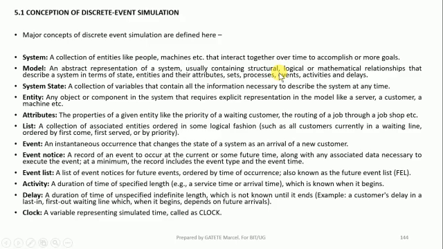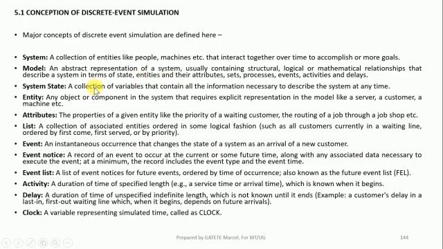So a model is a representation of a real system on paper or on a computer. We show its structure, the components, and the logical relationship between the elements of the system. The entity must also have attributes, activities, or processes and events occurring inside the system.